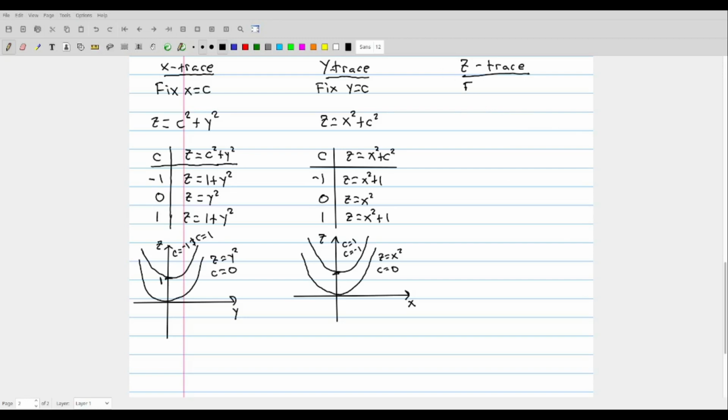So the last trace that we have to do here is the z trace. The z trace, just like the other two, is going to be when we fix the value of z. Oh, sorry, we fix the value of z equals c, which gives us that c is equal to x squared plus y squared.